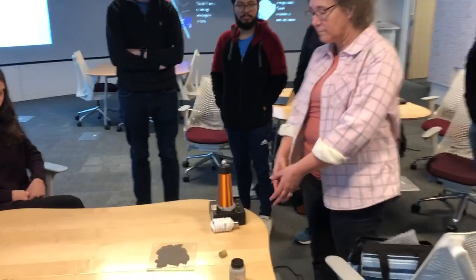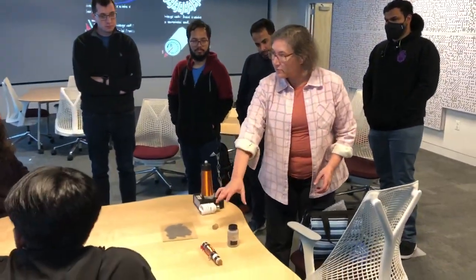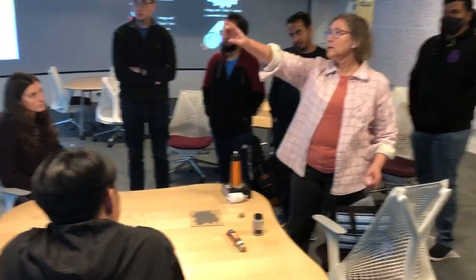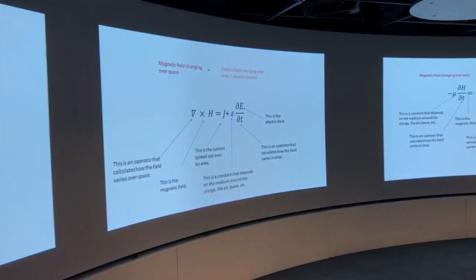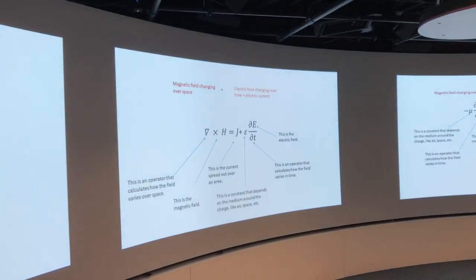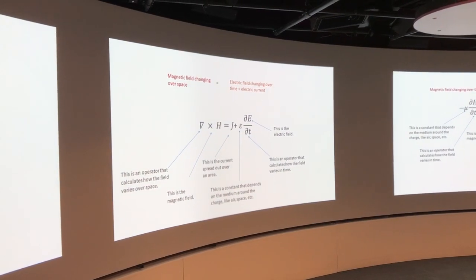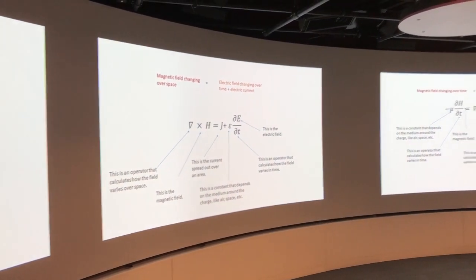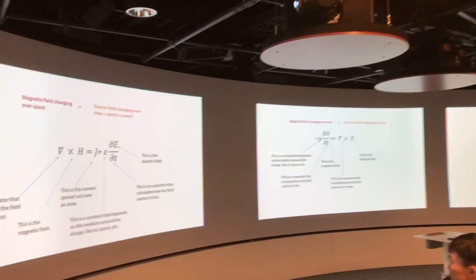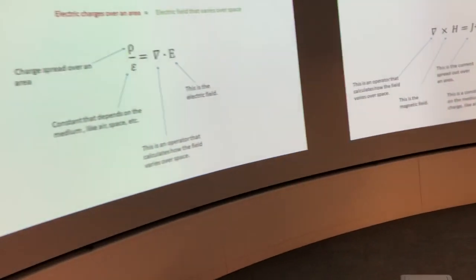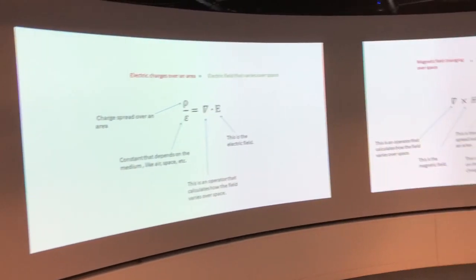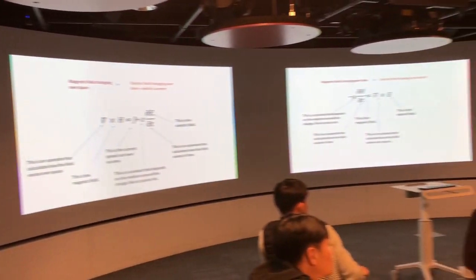So, electric fields, magnetic fields. A magnetic field changing over space yields a current in a time-varying electric field. There are 4 other equations over here. Notice this.